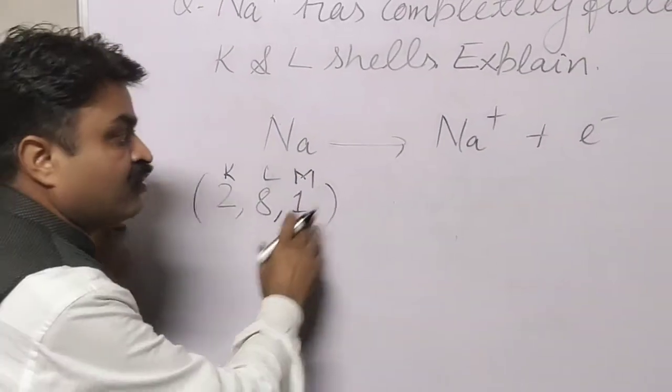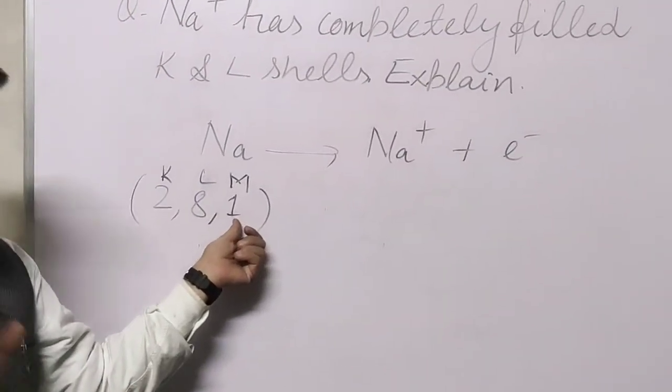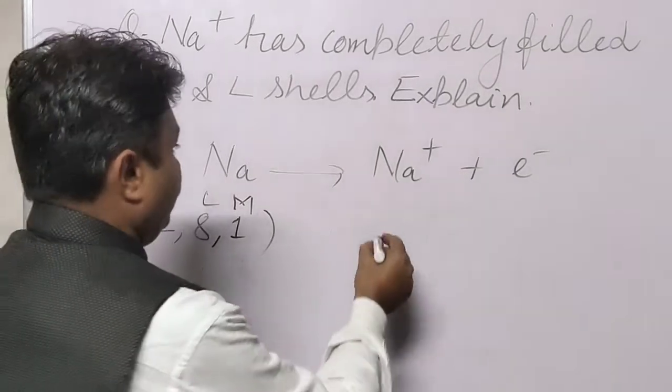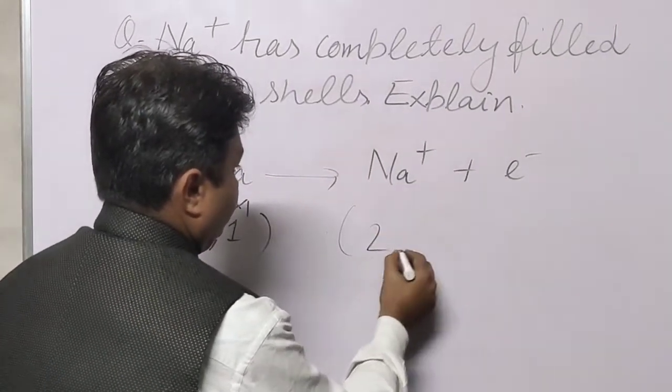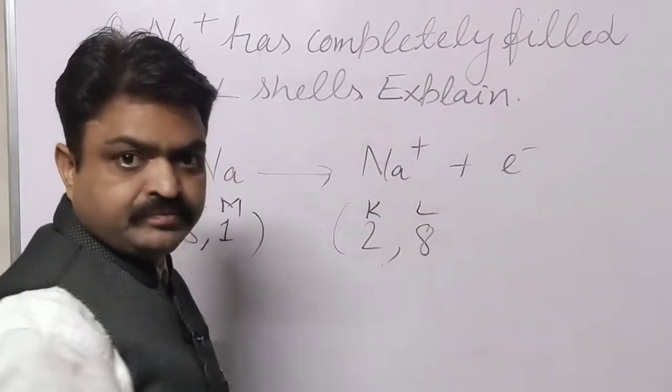But when it loses this 1 electron of the M shell, it becomes electropositive, and it is then 2, 8, that is K and L.